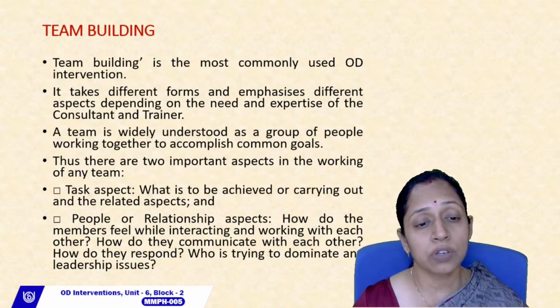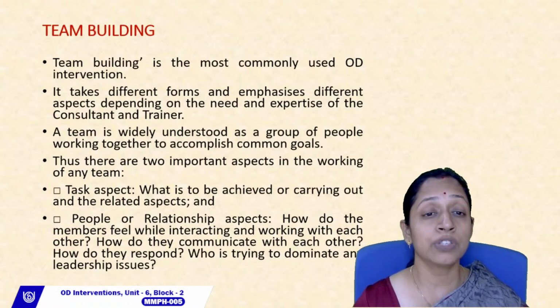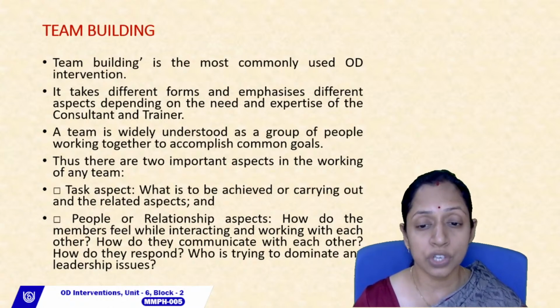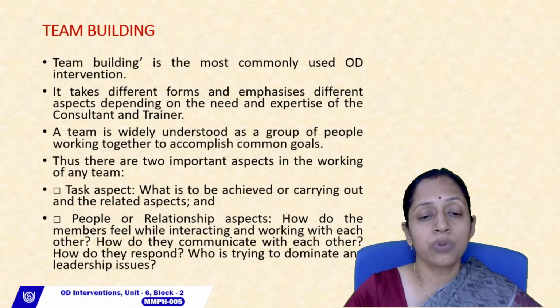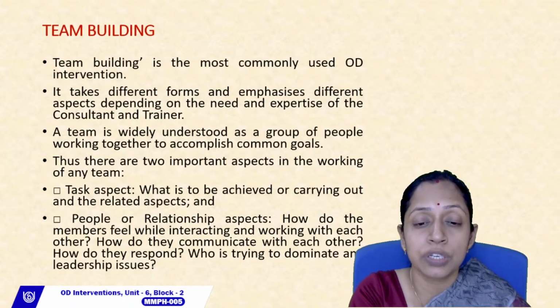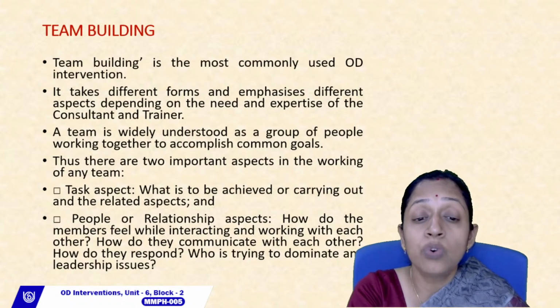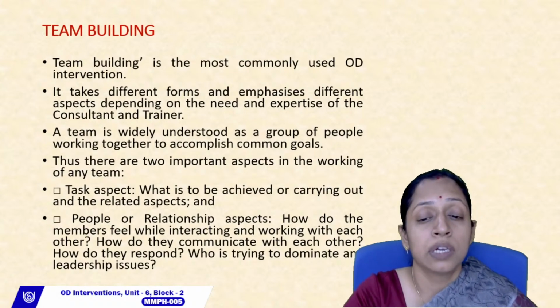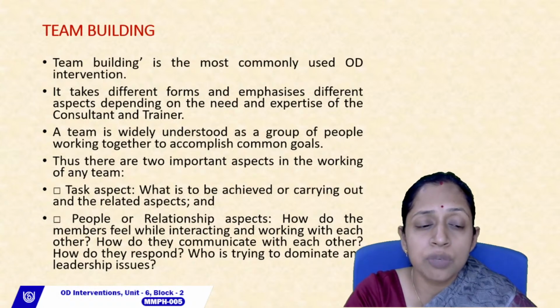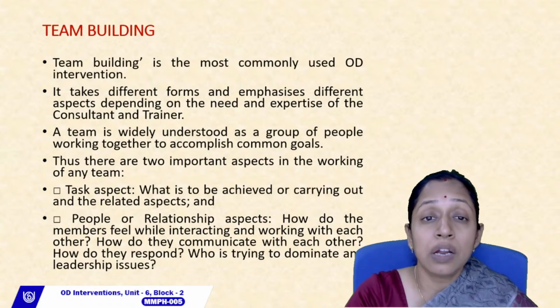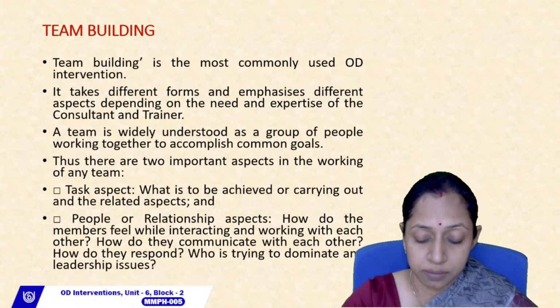But when we are concerned about the people, it is how the members feel while interacting and working with each other, how they communicate with each other, how they respond to each other, who is trying to dominate, any kind of leadership issues. These are commonly studied in the case of the people or relationship aspect.